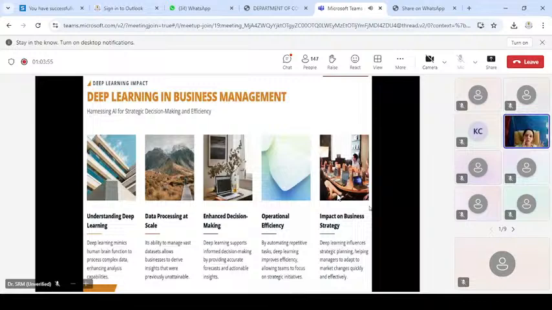Enhanced decision making. Audience, please remember, deep learning is not just about processing the data, but about making sense of it in a way that directly influences business decisions.